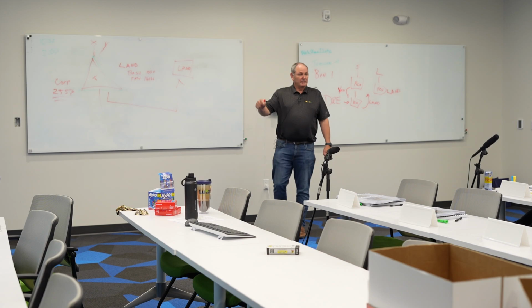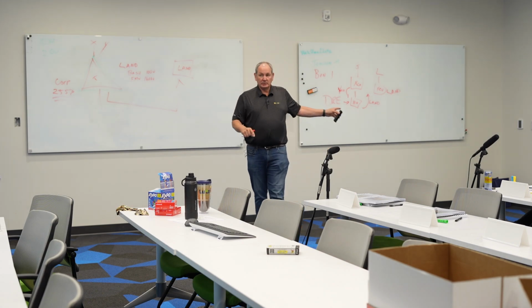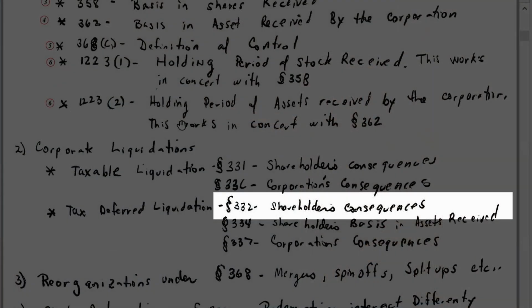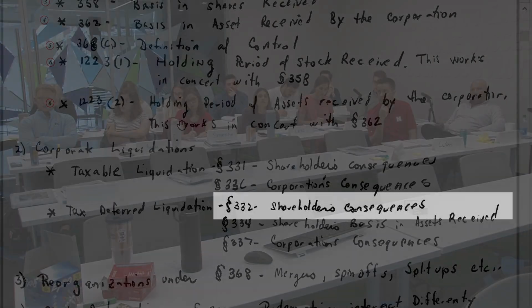Okay? So the deemed distribution of the ground is the corporate consequence. 337 measures the corporate consequence of distributing that ground. The surrendering of Yco stock, the consequence is measured under 332. So, Kaylee, for tax purposes, who owns the ground?